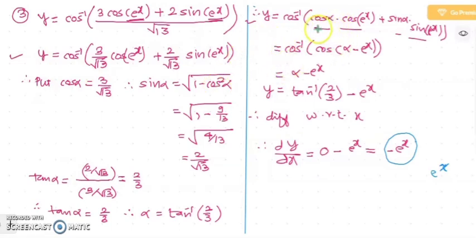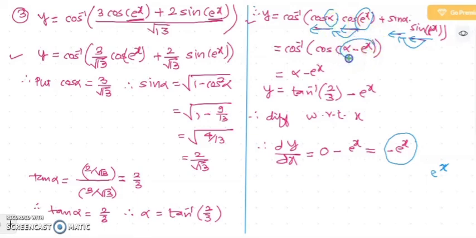Here we read the formula as cos A cos B, with this as A and this as B. I may instead read this as cos A into cos B plus sin A into sin B. But if you read it differently, your A is e raised to x and B is alpha.